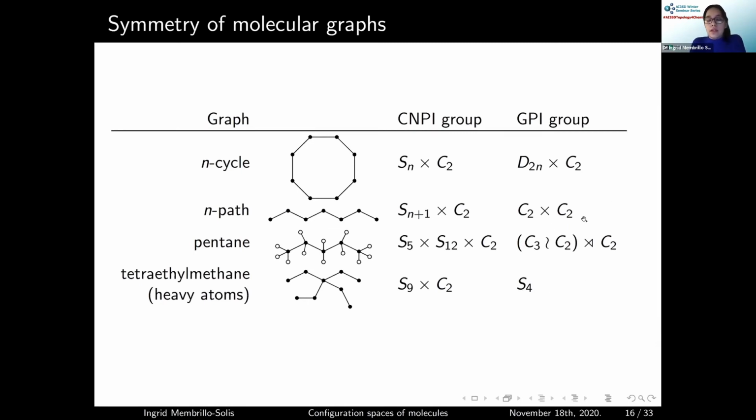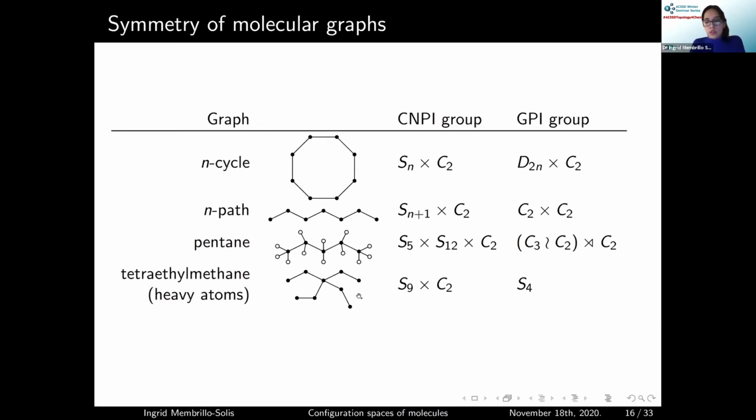But this is not the most important thing. The important thing is that we are respecting the topology of the underlying molecular graph. So we know that we cannot go through very energetically disfavorable conformations, because the topology is constrained by the angles that we are defining between bonds.